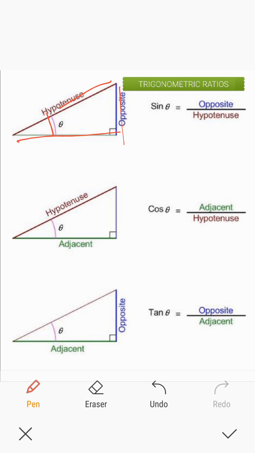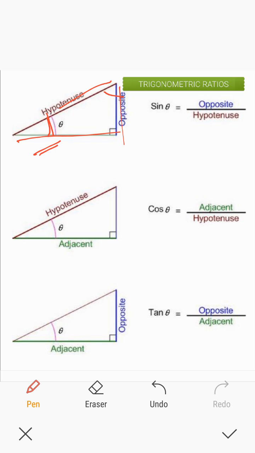What do we mean by theta? Theta is an acute angle of a right triangle. You can mention either this angle theta or this angle theta. But here we have selected this one as theta, and we are going to write the 6 trigonometric ratios with respect to angle theta.